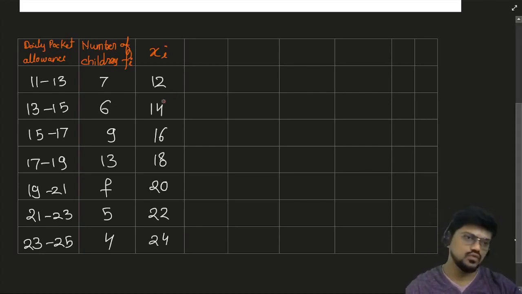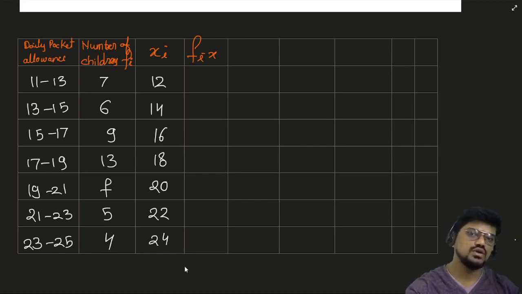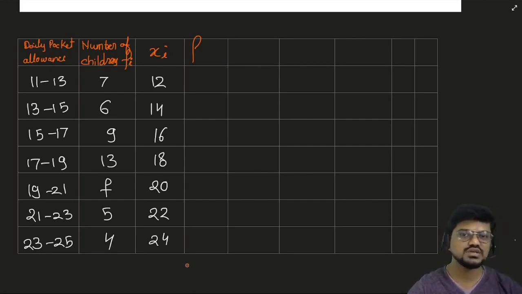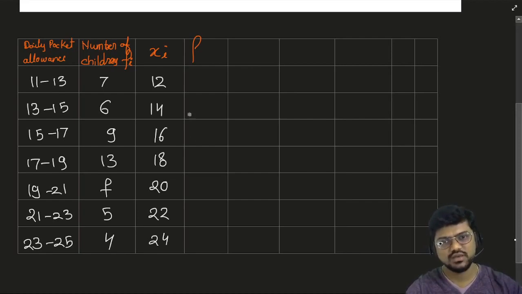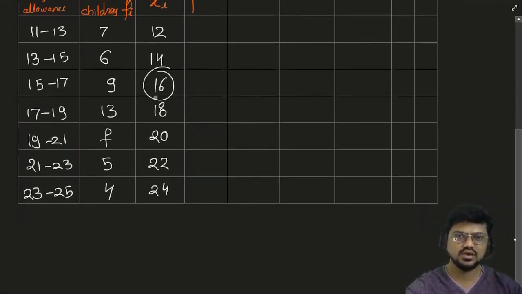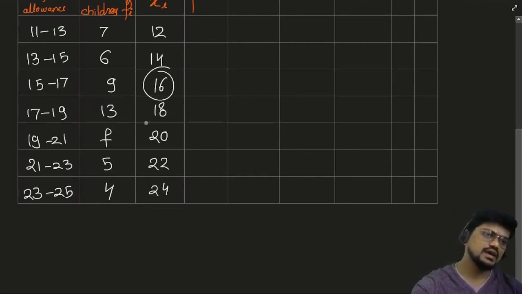Then if you want to do the direct method, you can directly do fi into xi and then solve it. Then also you'll get it. But what we will do, we'll try to use a shortcut method or a step deviation method. For using the shortcut method, you will have to consider one of them as your assumed mean. You can take either 16 or 18 or 20, anyone as the assumed mean.